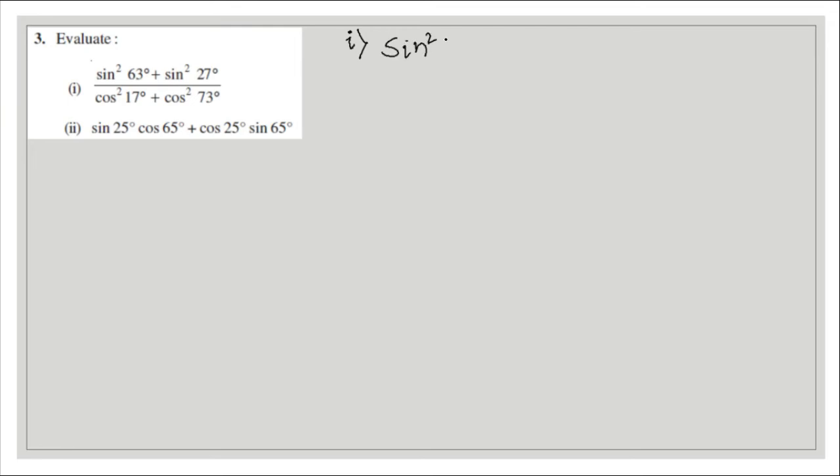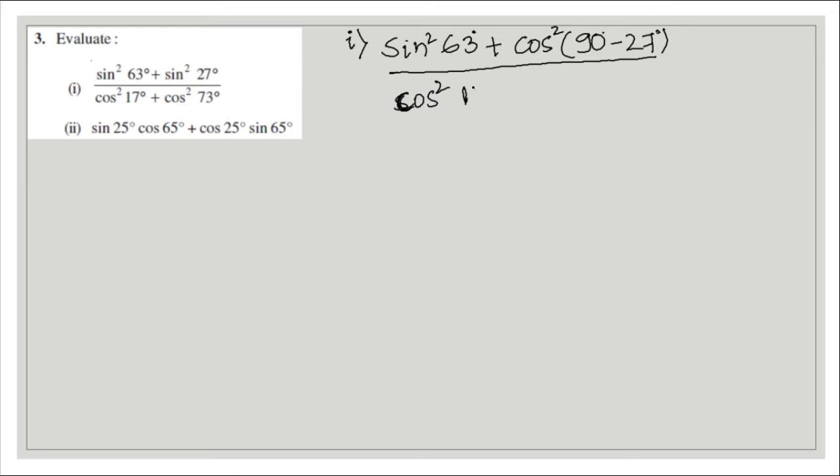So sine square 63 I'll write as it is, but then this sine square 27 I'll rewrite as cos square of the complementary, 90 minus 27 degree, divided by, I'll express the first one as it is, cos square 17 degree plus, instead of this cos square 73, I'll consider the complementary, so I need to write sine.